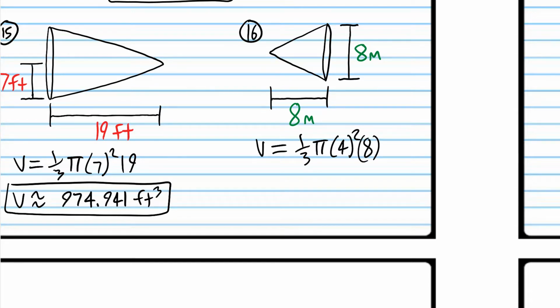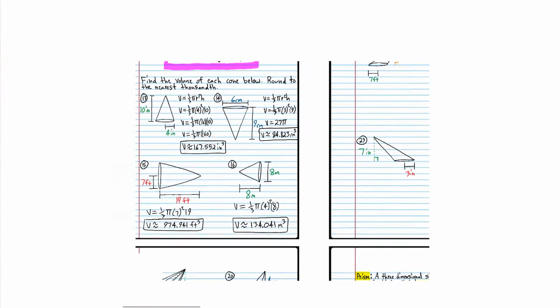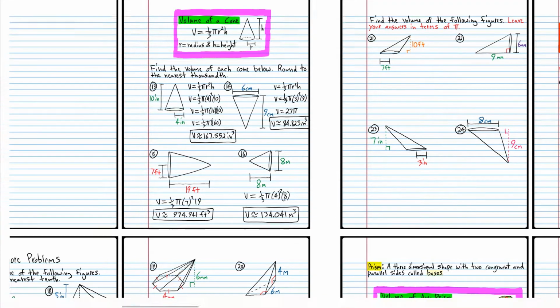You can enter that into your calculator. 4 squared is 16, so 16 times 8 equals, and then times pi equals, and then divided by 3 equals, and we get 134.041, and that is cubic meters. So if you got that answer, good job.